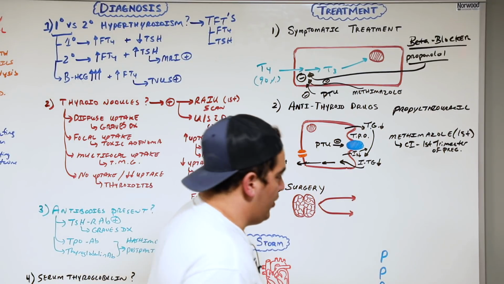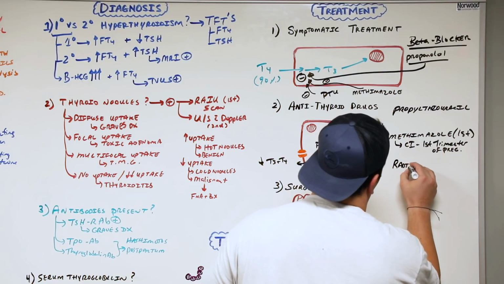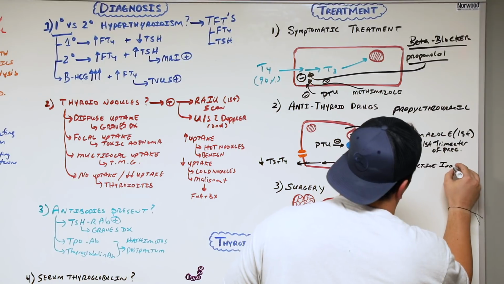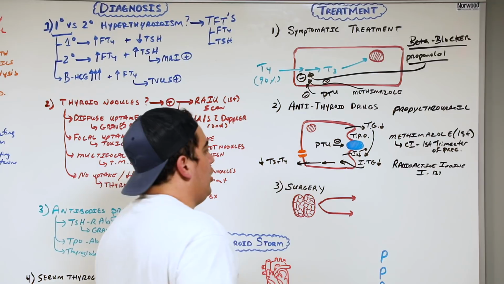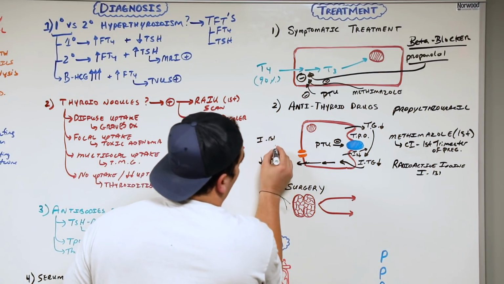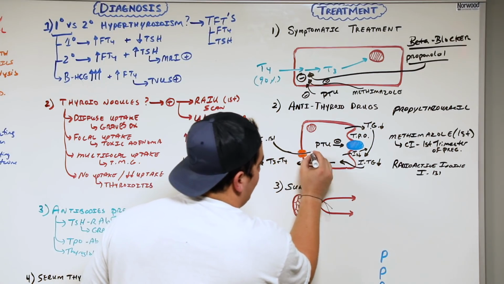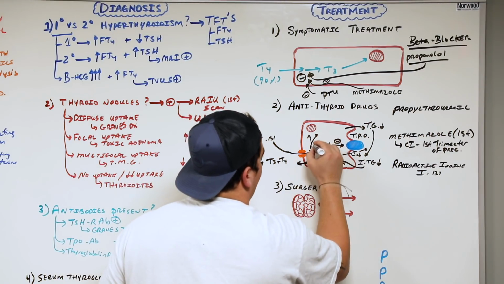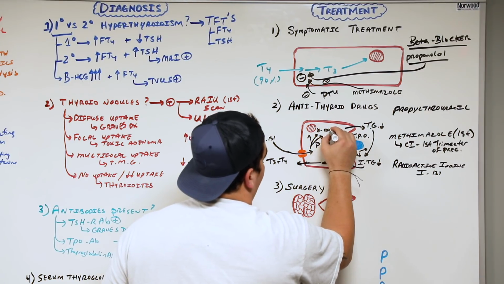One last antithyroid drug. This last one is radioactive iodine, usually in the form of iodine 131. You give this drug, and what happens is iodine 131, when you take it in these kinds of larger concentrations, uses these iodine channels to get into the cell. When it gets into the cell, it starts releasing a lot of nasty little waves called gamma rays.